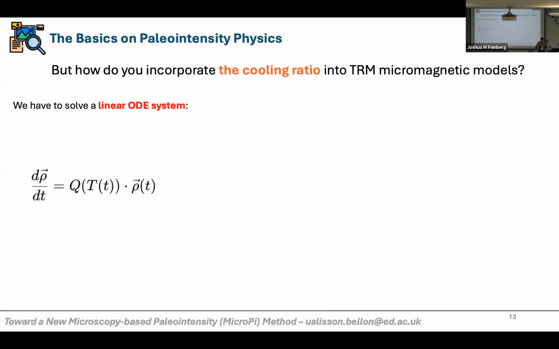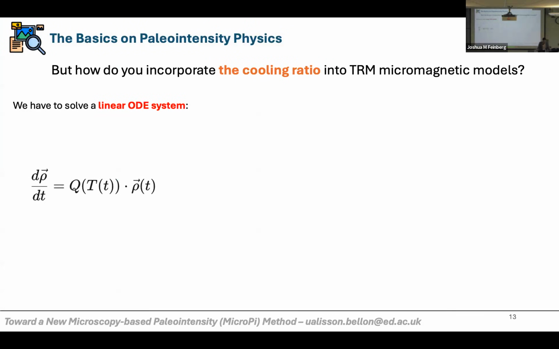So when we're thinking about modeling TRM, and we know these are very important particles within the rocks, and they're so complex, how do we actually account for all of these domain states? How do we account for cooling rates? How can we actually predict what would be a TRM for these particles?